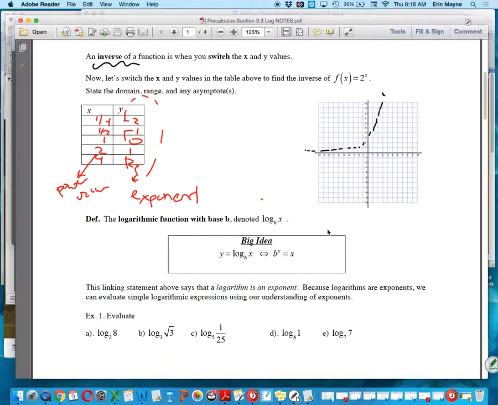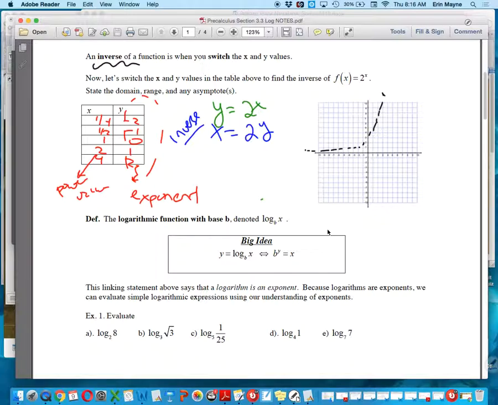So, why is that? Well, because someone came along and said, okay, we know the rules of an inverse. The inverse is just simply that my x and y switch. This is the inverse of my exponential. But that doesn't help us until we get y by itself.